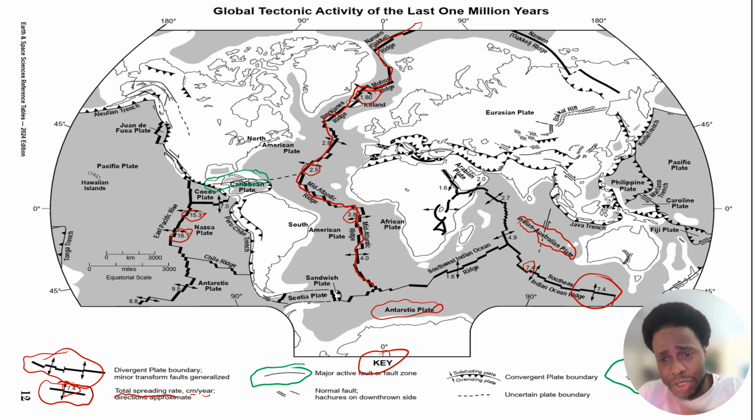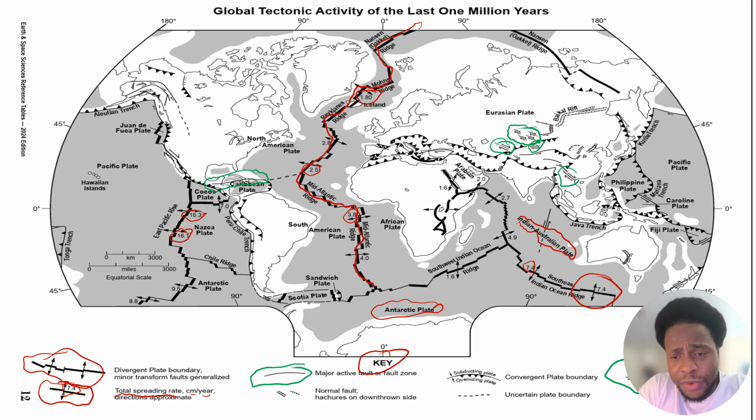Now, compared to the transform plate boundary, you have arrows pointing in opposite direction, and that lets you know the direction in which each of the plates are going in that area. So, about transform plate boundary, we have several of them in that part of the Eurasian plate, and another one here and another one below there.